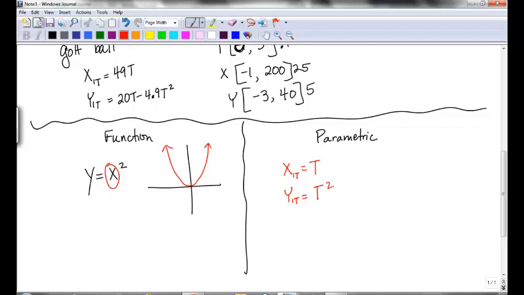Now for the parabola, if I just do a window of t from 0 to 5.1, and x from -10 to 10, scale 1, and y from -10 to 10, scale 1, and then graph it, I'm only getting part of it.